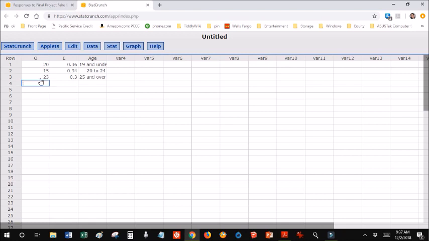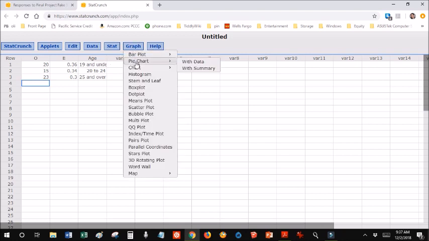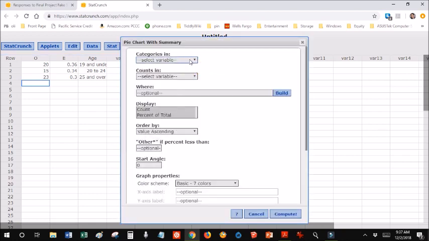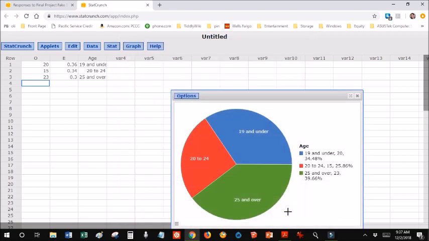And now I want to make a pie chart of the observed data of the sample. I've already summarized the data into frequencies, so I'm going to make a pie chart with summary. The categories are in the age list data, and I want the observed counts, and I'll have the counts and the percents, and I'll compute.